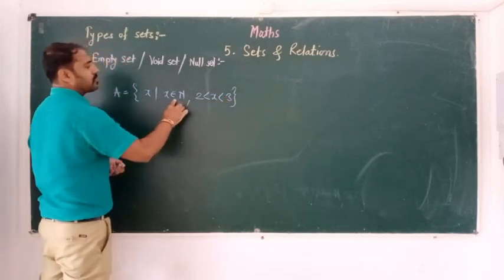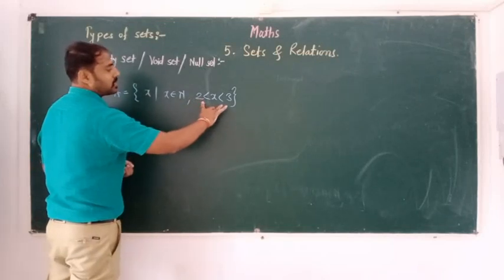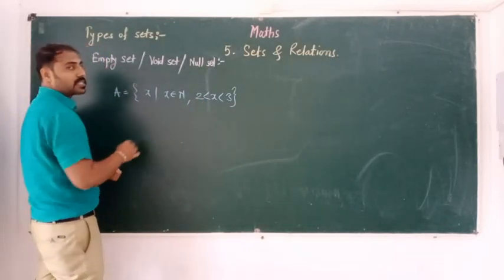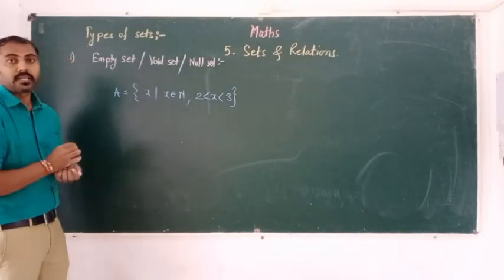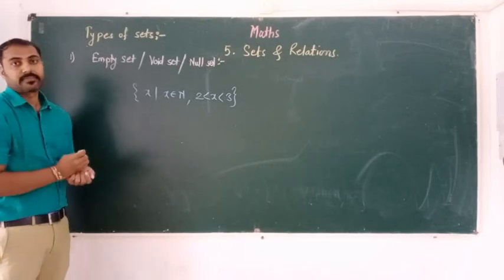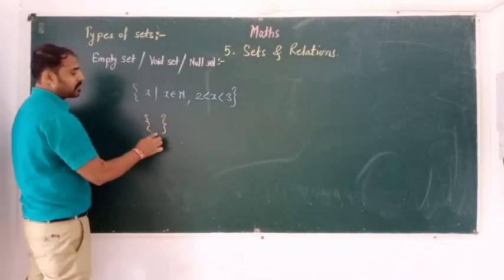Write the natural number x which lies in between 2 and 3. There is no such number. So I can write here in curly brackets: void, empty, null.